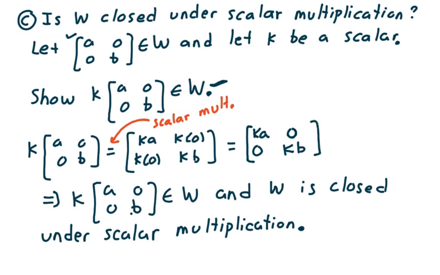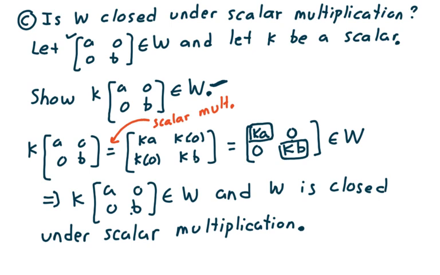And I want you to notice something. Notice that the entries along the main diagonal are real numbers. The entries off the main diagonal are 0. So this matrix absolutely belongs to W. And if this matrix belongs to W and this matrix is equal to K times the matrix [A, 0; 0, B], then K times the matrix [A, 0; 0, B] also belongs to W. And W is closed under scalar multiplication.